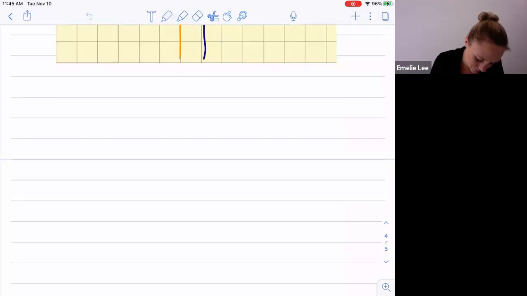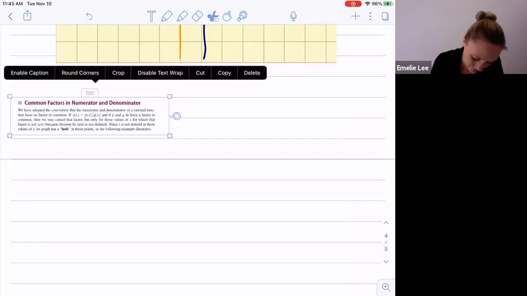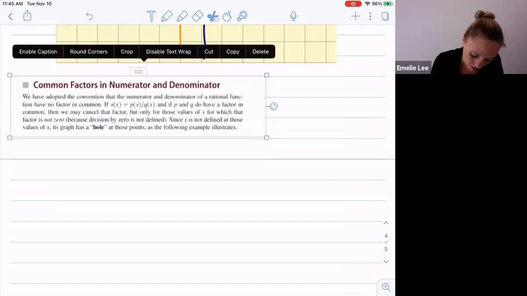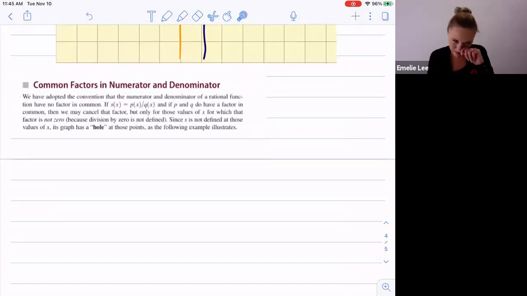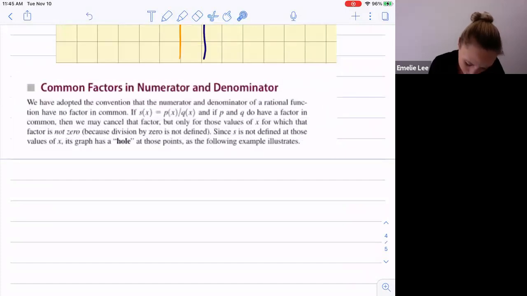So we've assumed that the numerator and the denominator of a rational function have no factors in common, right? Meaning they've been simplified as much as possible.